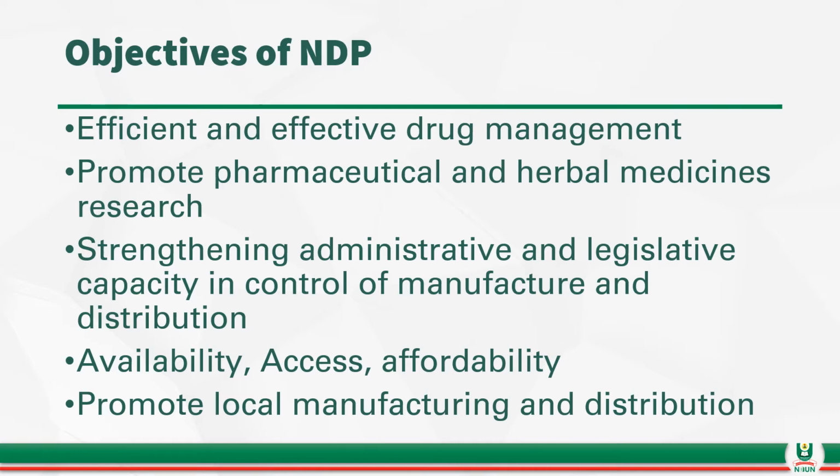Administrative and legislative capacity of such a country in control and manufacture and distribution of drugs should be strengthened. Such drugs should be available. People should have access to it, and it should also be affordable. And like I said earlier, it should also promote local manufacturing and distribution of drugs.